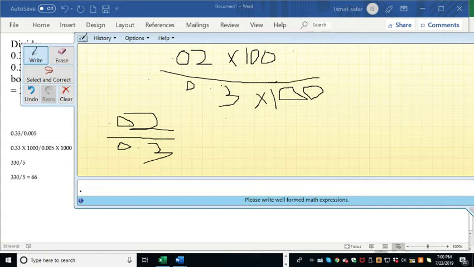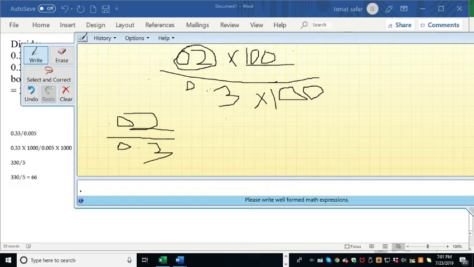Why 100? Because this number here has two locations after the decimal point, so you have to use 100. If this number or this number has one number after the decimal point, we use 10. If either one has three places after the decimal point, we use 1000.